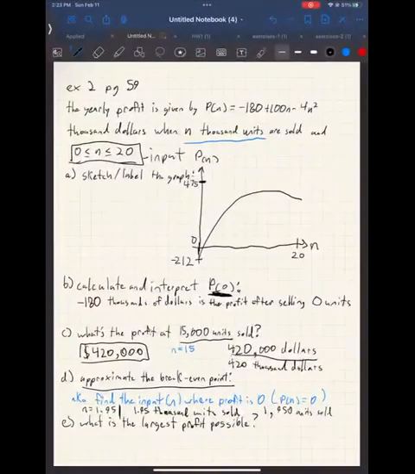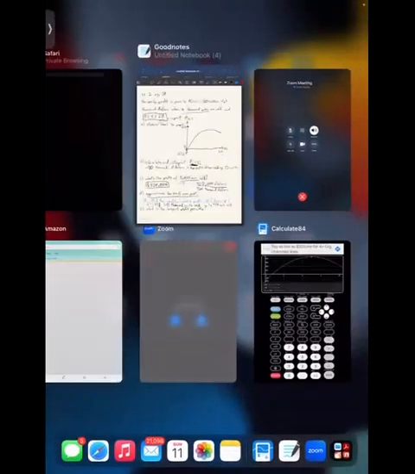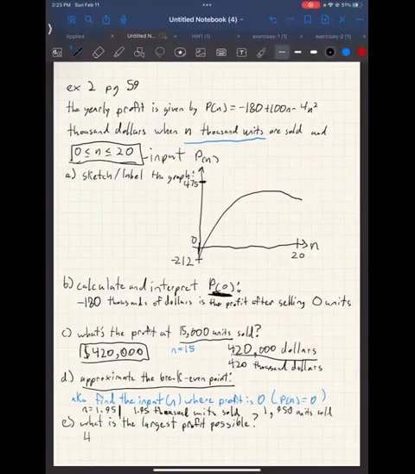So what is the largest profit possible? Our calculator says y, that output, is 445. So we would write $445,000 is the largest profit that this company was able to make.